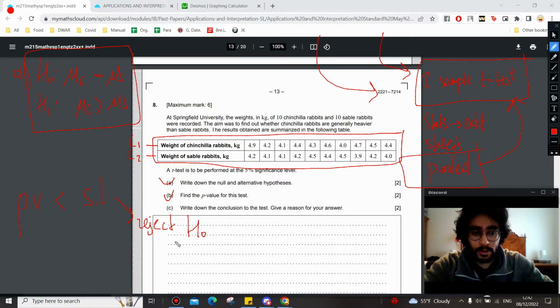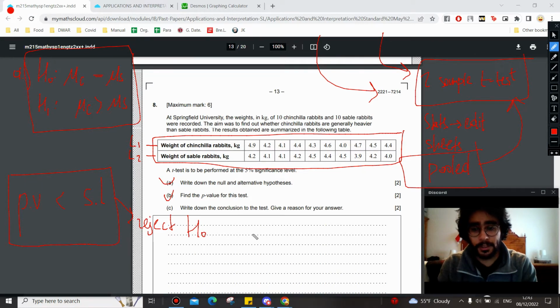This is the more correct and acceptable way of writing in IB, I think, and in testing in general. Insufficient evidence is an important phrase there.